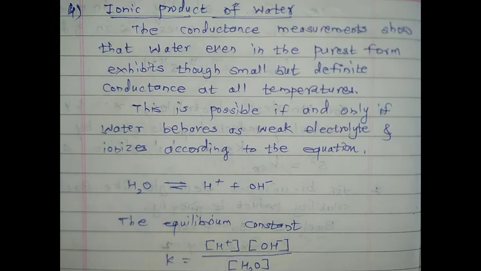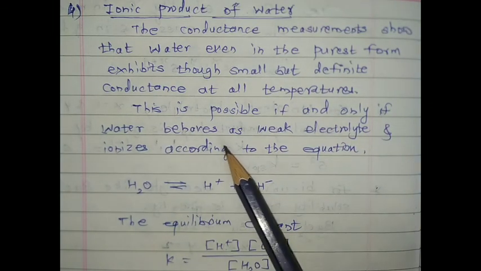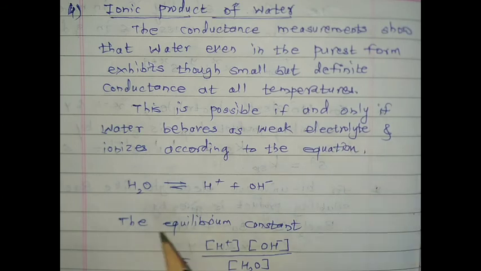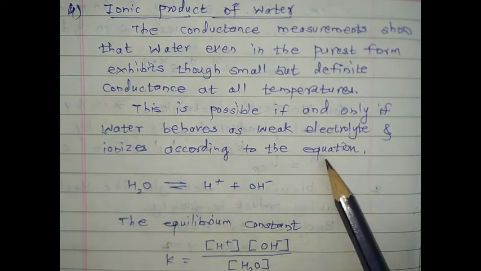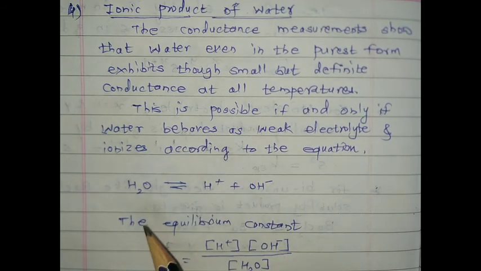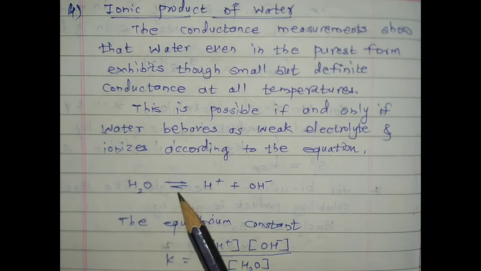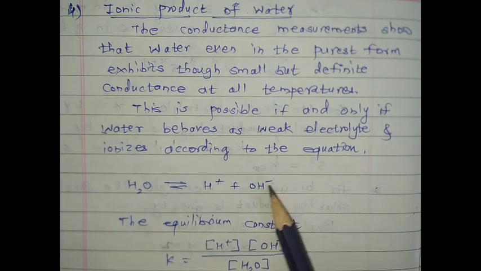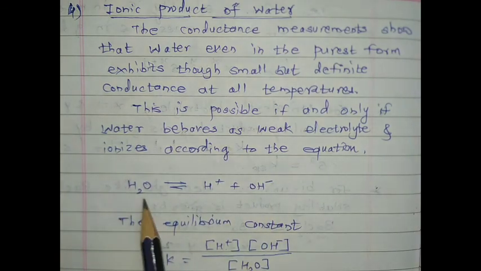This is possible only if water behaves as a weak electrolyte and ionizes according to the equation. So water also behaves as a weak electrolyte. Water dissociates as H plus and OH minus, and some water will be in the undissociated form.